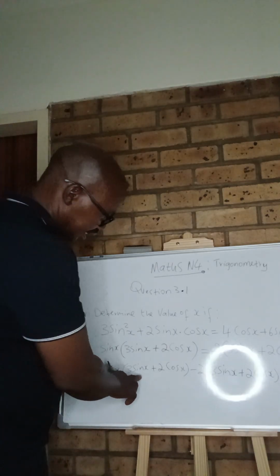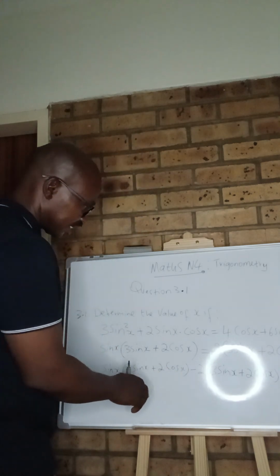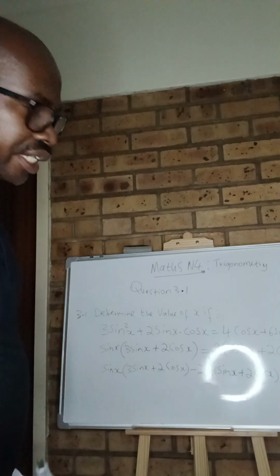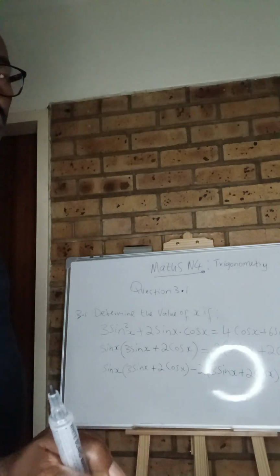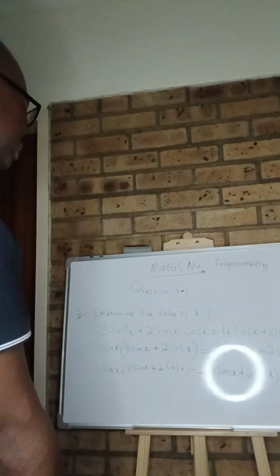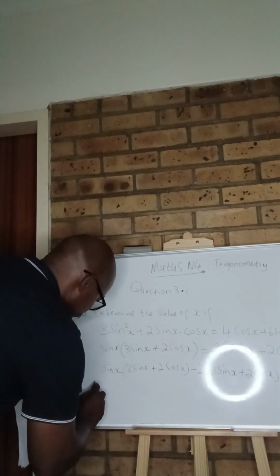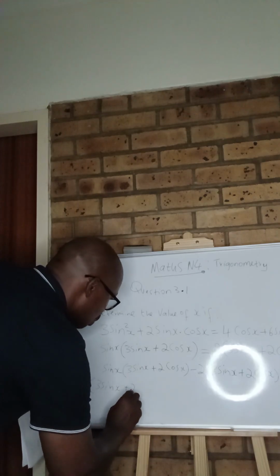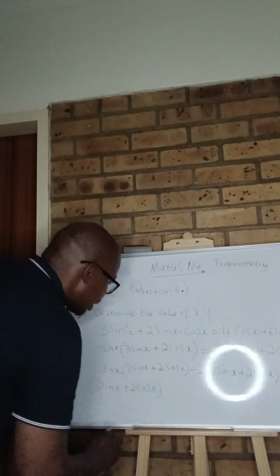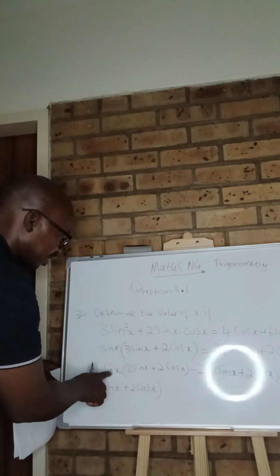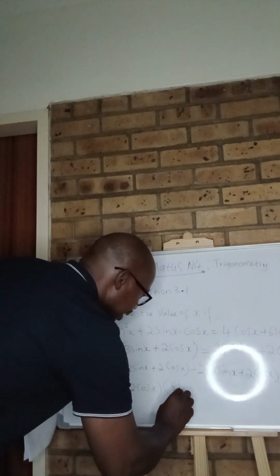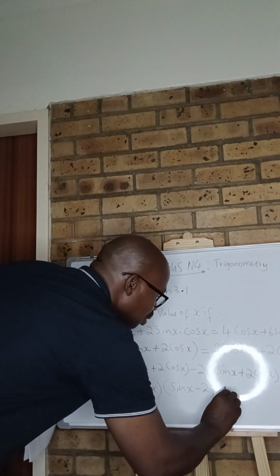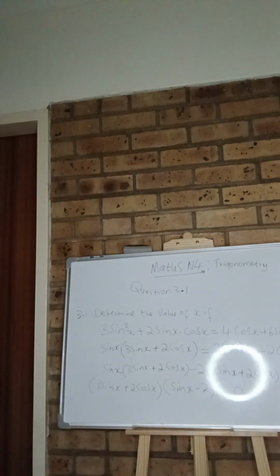Can you see 3 sine x plus 2 cos x is common on this term and on the other term? So let's take out 3 sine x plus 2 cos x as our common factor as well. As you remove the common factor on this side, you are left with sine x. On this side, you are left with 2. So we say it is equal to 0.